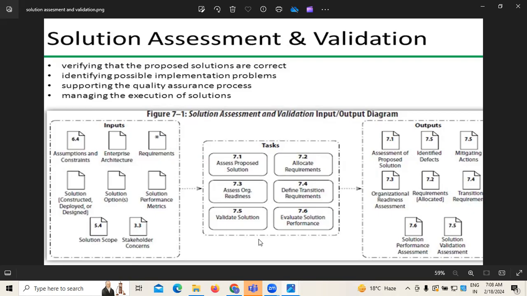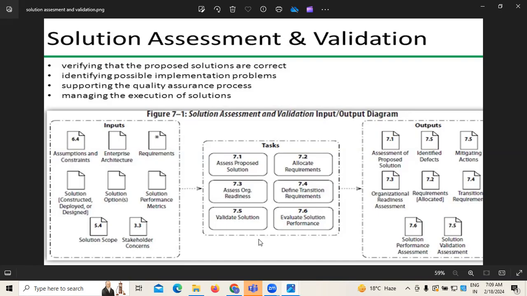How you are managing the requirement life cycles, requirement analysis, followed by design definitions, like how you are going to design the requirements by preparing UML, all that. The last knowledge area is what we call solution assessment and validation.